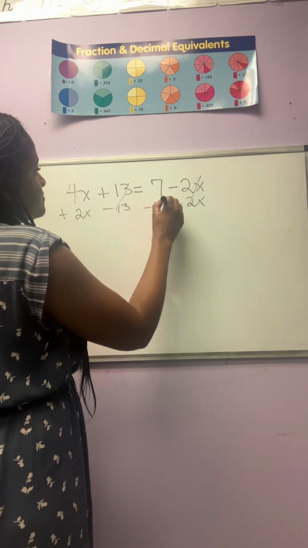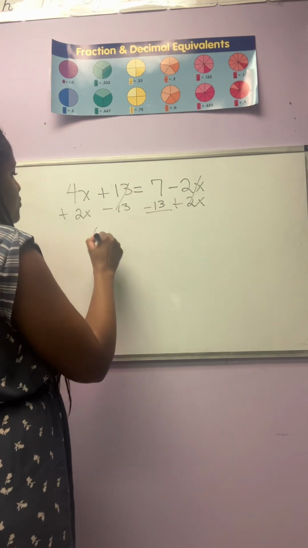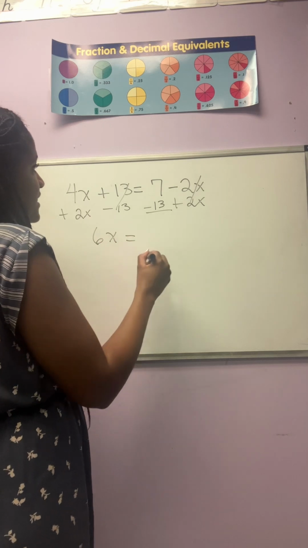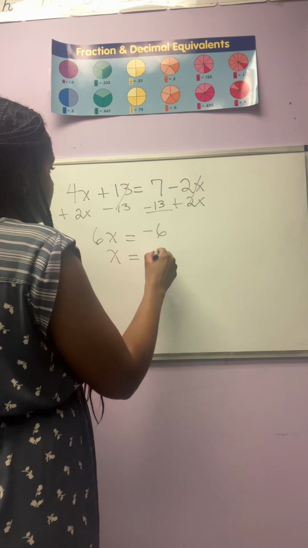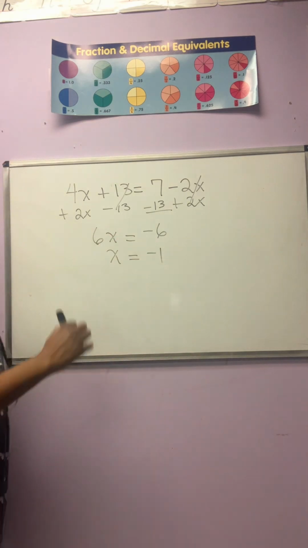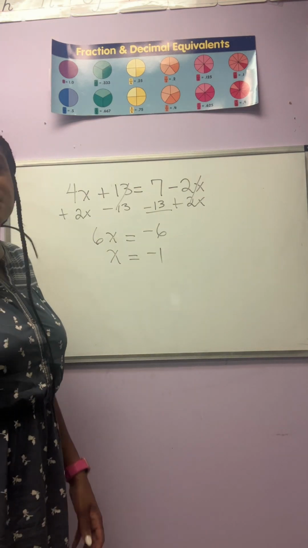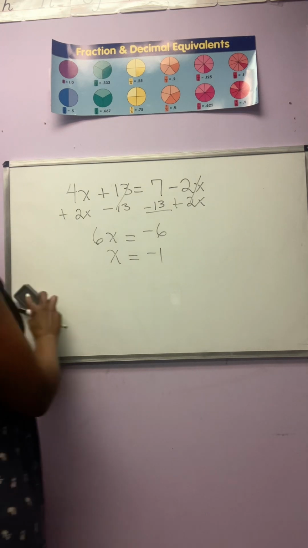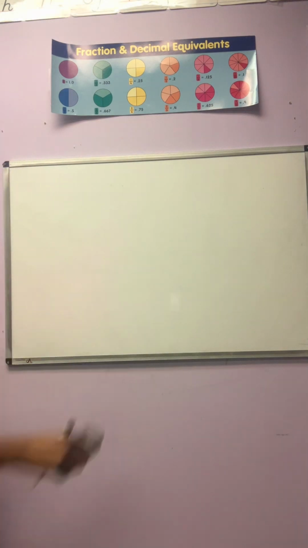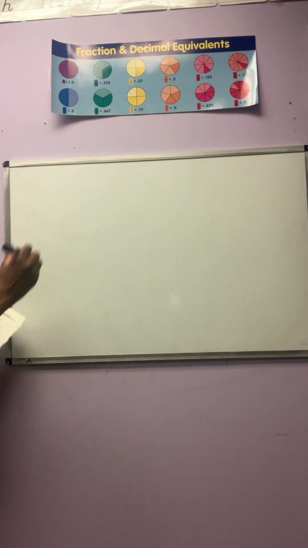So if possible, I usually go this route, but it doesn't have to be exactly like this. When you divide by 6, you get x is equal to -1. Okay, I think I will do one more because I did want to come to a challenging one, and I think this last one will be challenging.